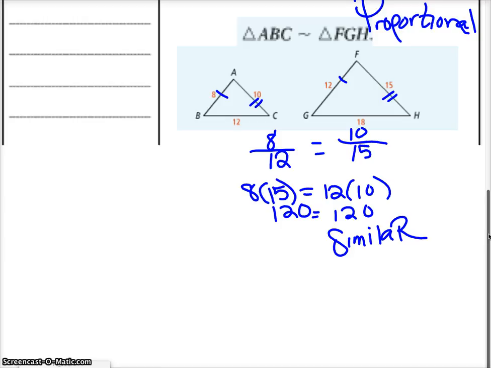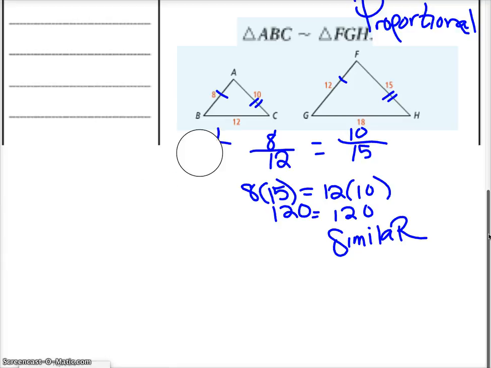Similar triangles and shapes in general are proportional to each other. Proportional means that the ratios are equivalent. So you can do big is to small as big is to small, small is to big as small is to big, or you could do side 1 is to side 2 as side 1 is to side 2.